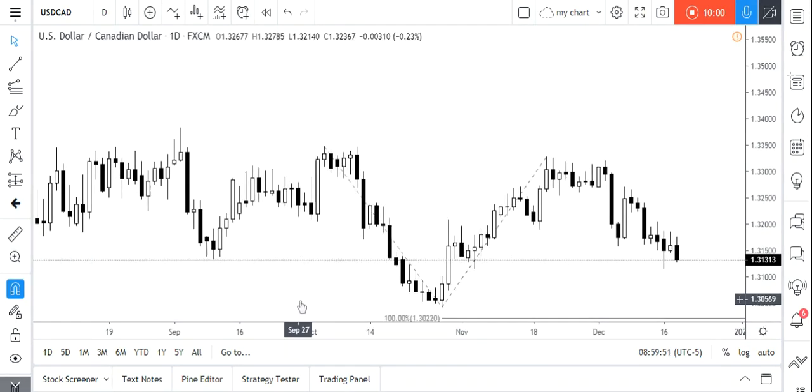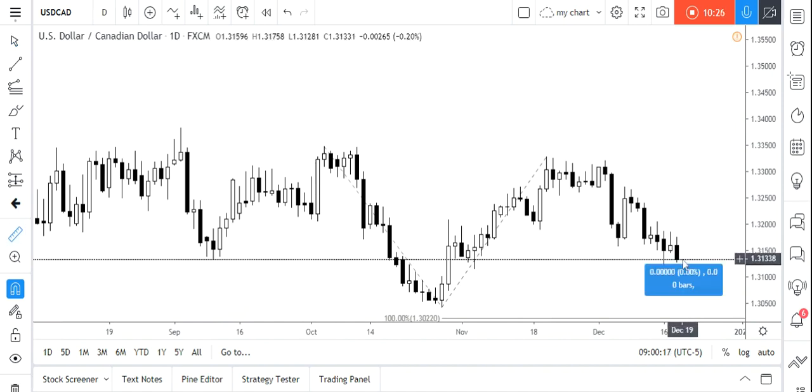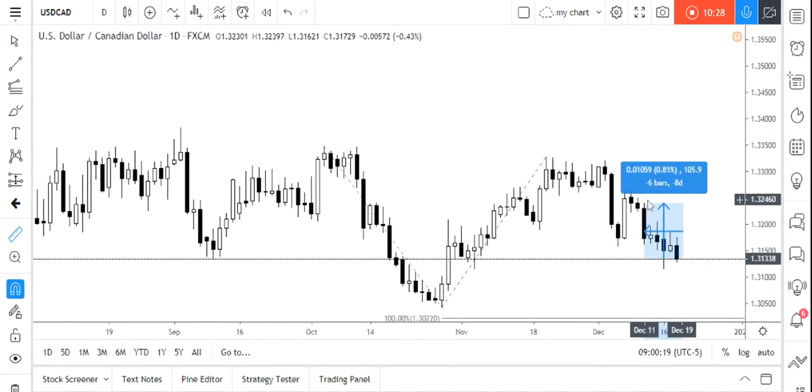I have not entered around 1.3131; I already told you that I entered at 1.3142. So I am already in floating profit of around 12 pips. But even if you enter now, or wait for the sell limit to be triggered at 1.3140.42, it is your decision. Let's just measure what difference it would make if we enter now, from this point to this.